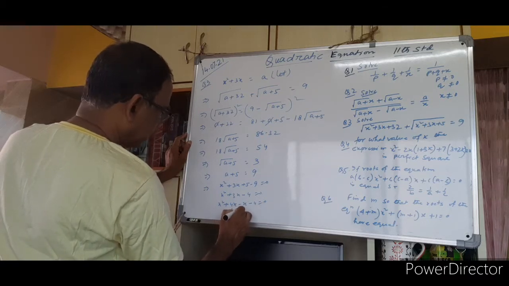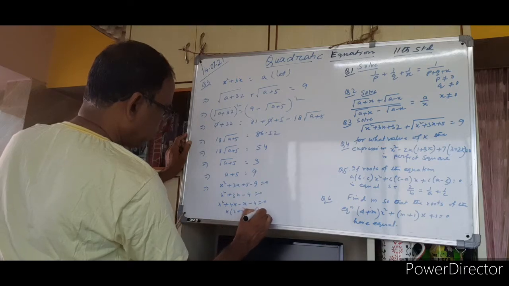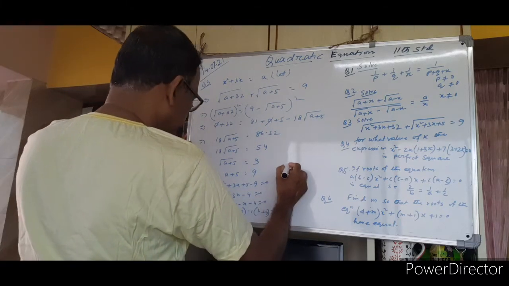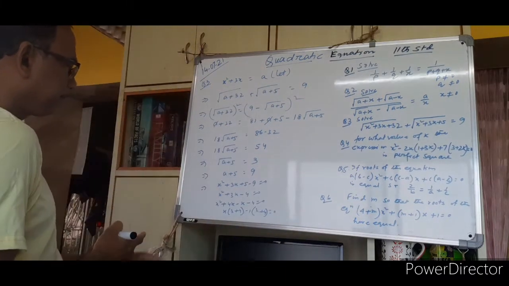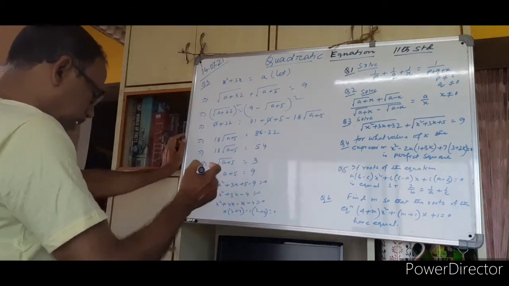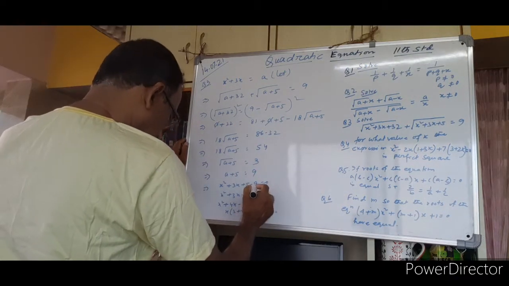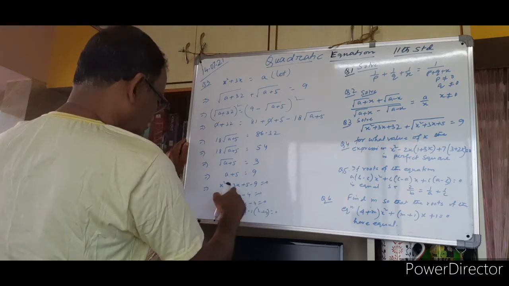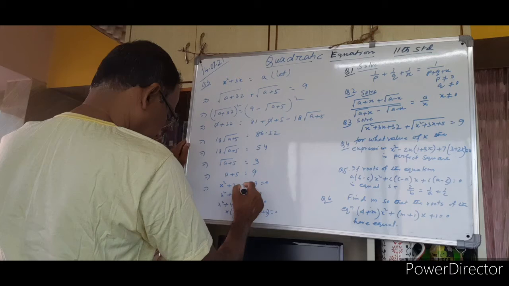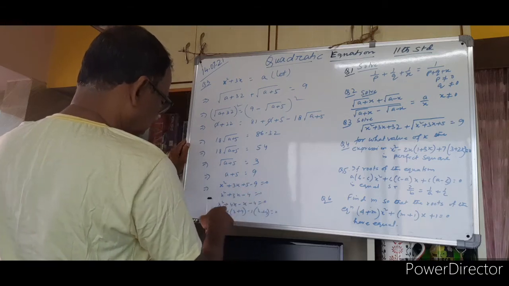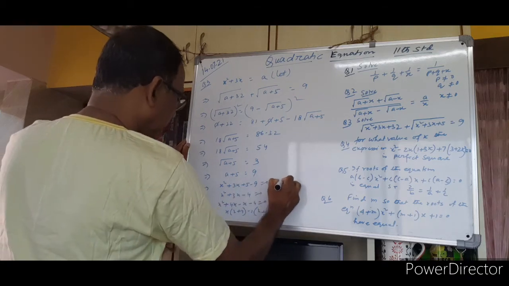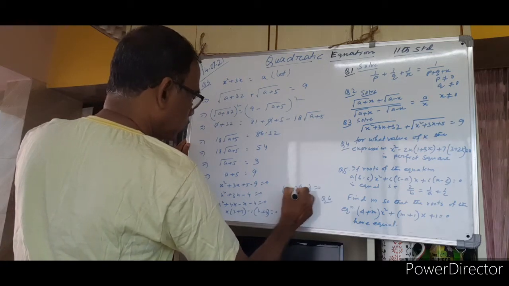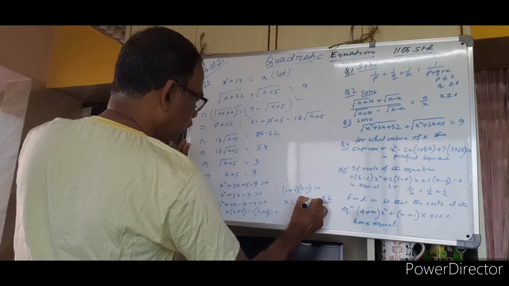That is x plus 4 times x minus 1 equals 0. Then x plus 4, x minus 1 equals 0. Then x equals minus 4 and 1.